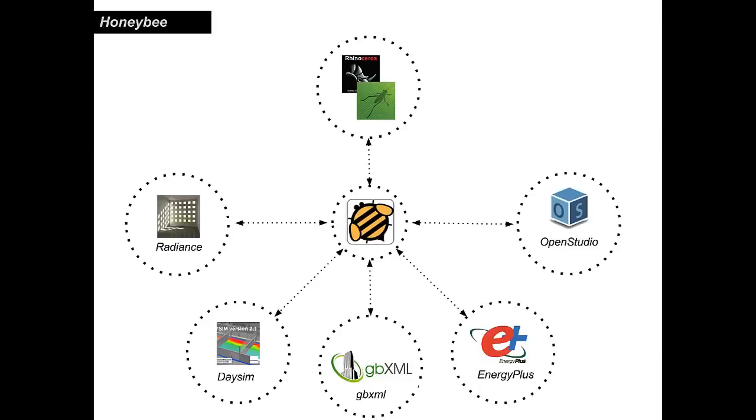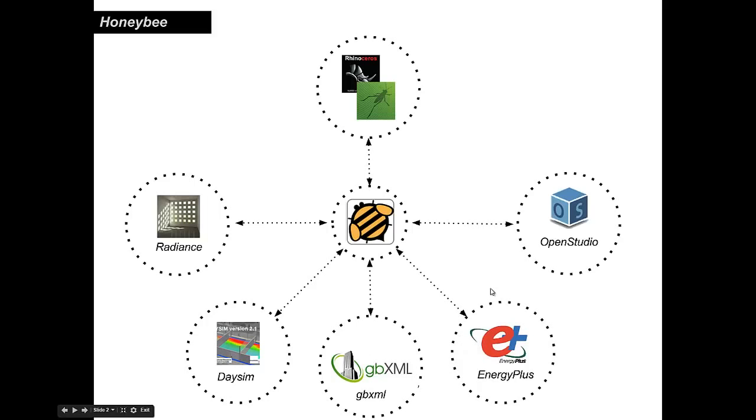So Honeybee, as you guys may already know, does a lot of different things. It connects Rhino Grasshopper, our wonderful 3D geometry interface, to a number of different open source platforms for daylighting, Radiance being a rendering engine, DaySim being a tool for evaluating daylight. And you can also export to a GBXML, which is becoming a sort of standard for a lot of energy modeling.